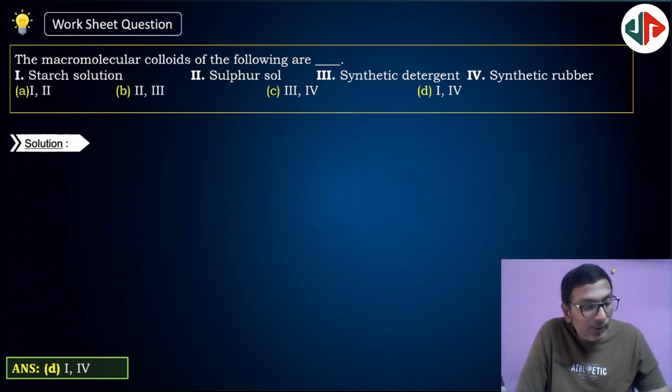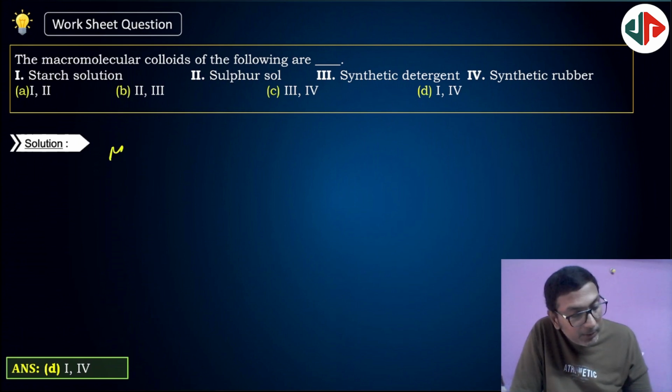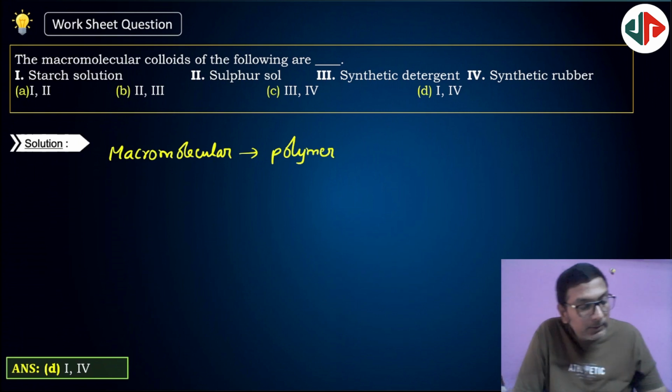The macromolecular colloids of the following are. So macromolecular means you can take polymers. So here polymers are starch. Starch is polymer.